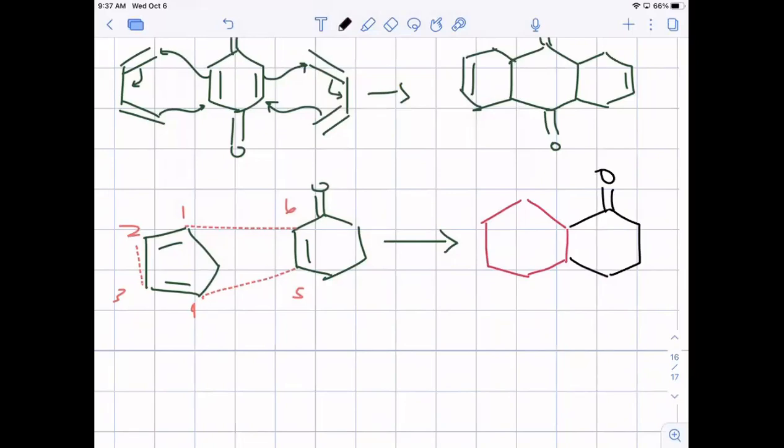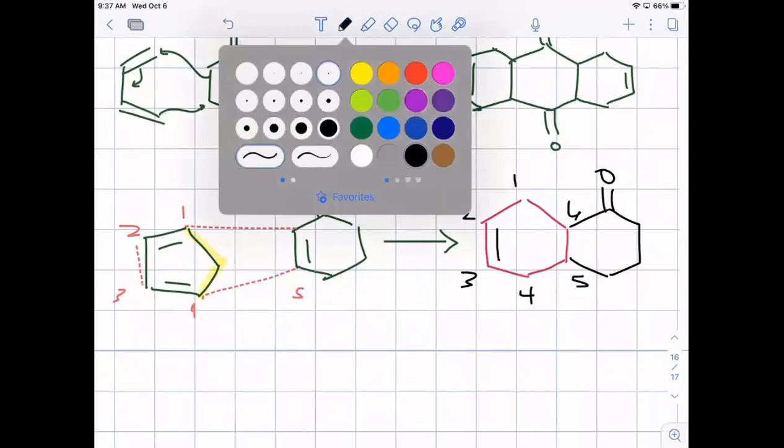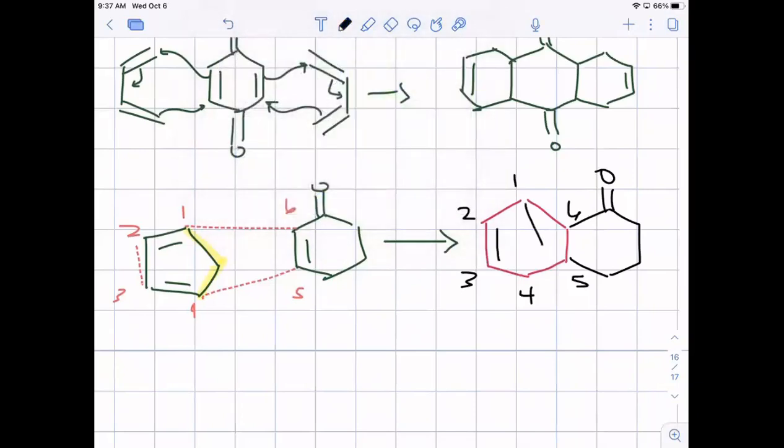Yes. Is 1, 2, 3, 4, 5, and 6. All right, and then I have an alkene here. And then you can see between 1 and 4, right? There's this bridge. I didn't touch that. So I can just draw that back in. I'll leave it in black. Right? I can draw that part back in like that.